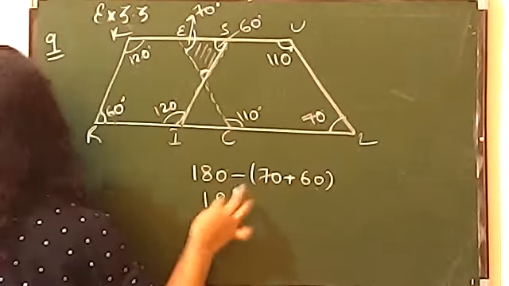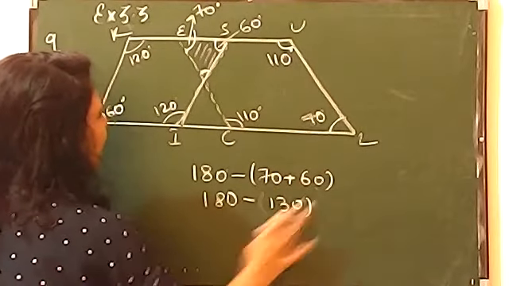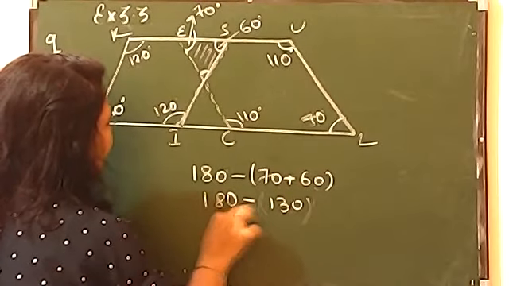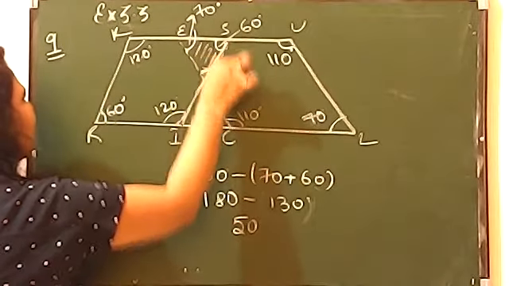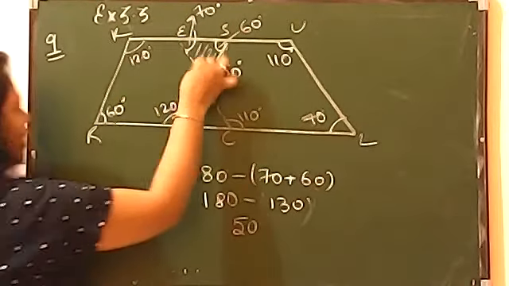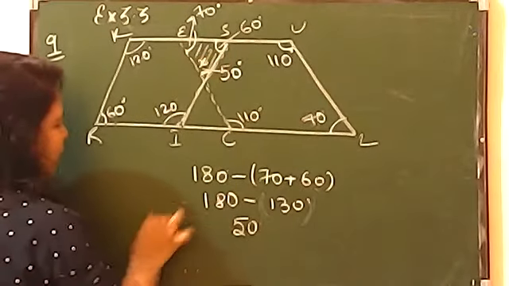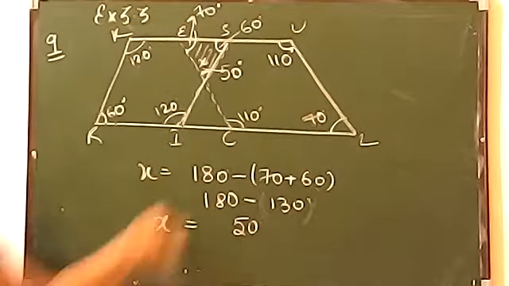So 180 minus, it will give you 130. And 130, when you subtract, you will get 50. It means you have got this angle as 50 degree. Okay, the angle which was x, which you were going to find out, you have got it 50. So value of x is equals to 50 degree.